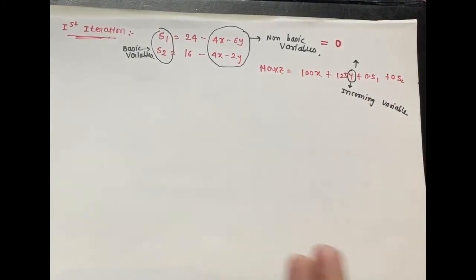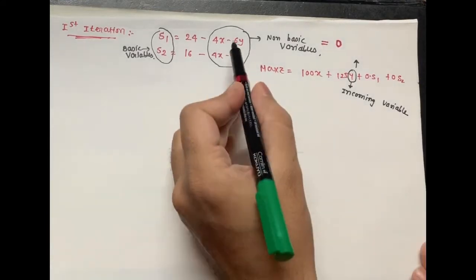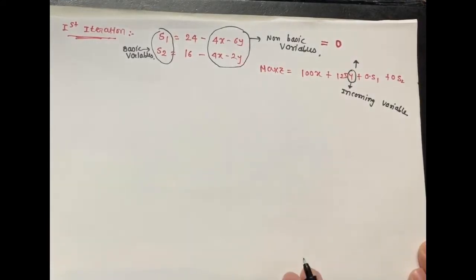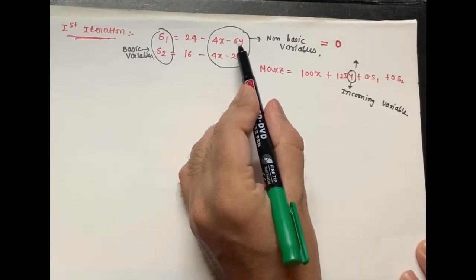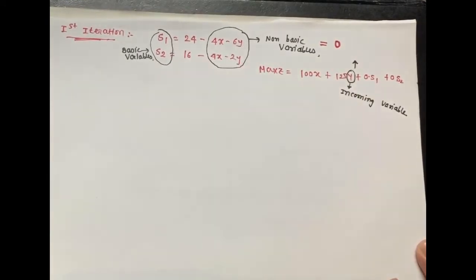Now, as I have selected y such that its value should be increased, in these two equations, what is the permissible limit up to which I can increase the value of y?